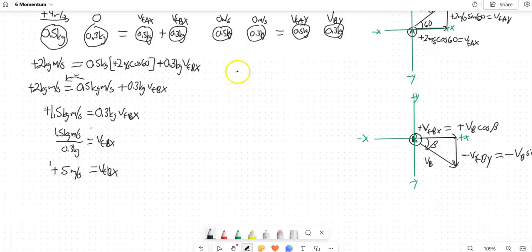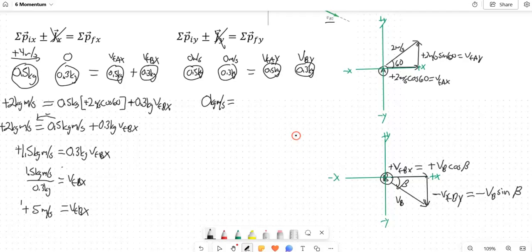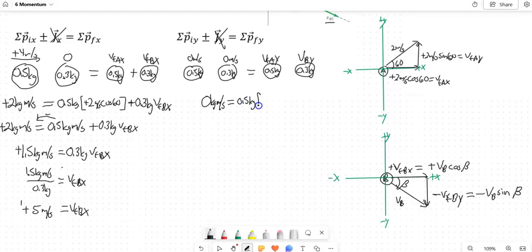Now let's do the y direction. So this is just going to be 0 kilogram meters per second, but this V final A is going to be 0.5 kilograms times 2 meters per second upwards, sine of 60 degrees, which is 0.866, plus 0.3 kilograms V final BY.